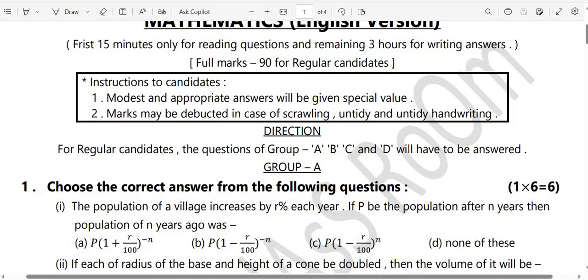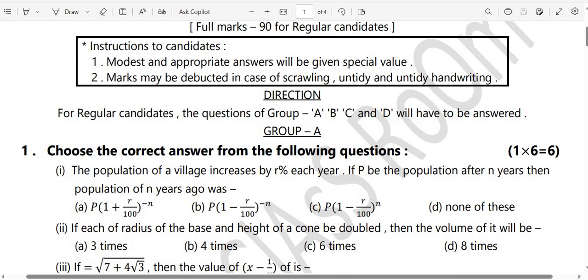2. Marks may be deducted in case of spelling mistakes and untidy handwriting.